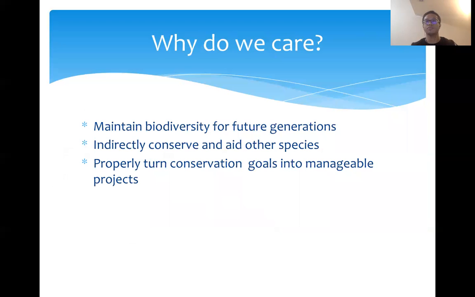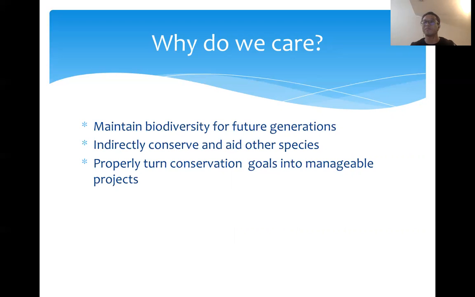And it's really important for us to understand the use of umbrella species because it allows us to create shortcuts and look at which location specifically we should be allocating our resources. Because a lot of times we have an idea or a goal in conservation biology, and it's really hard to translate it into a manageable project that has the proper funding, has the proper support behind it.